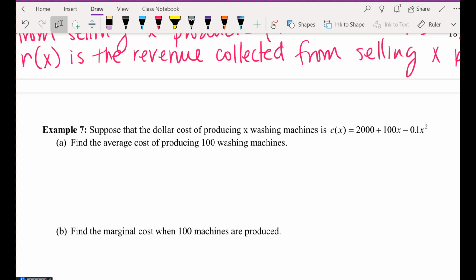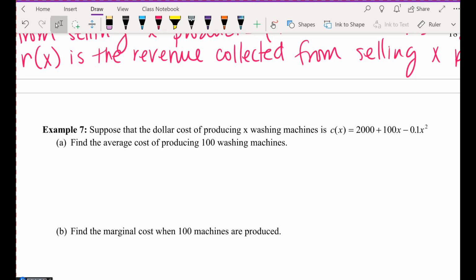Now, number 7A says find the average. Is that derivative? Okay, but here's where it's going to be slightly different. The slope we know from algebra 1 is the change in y divided by the change in x. This one says find the average cost of producing 100 washing machines.